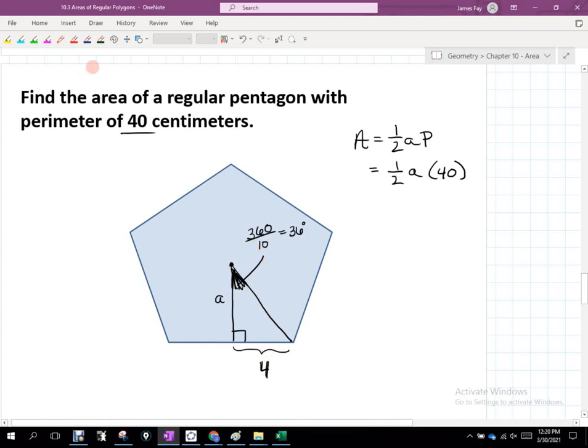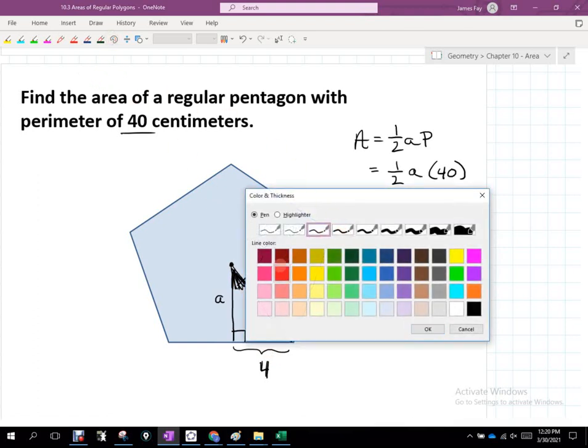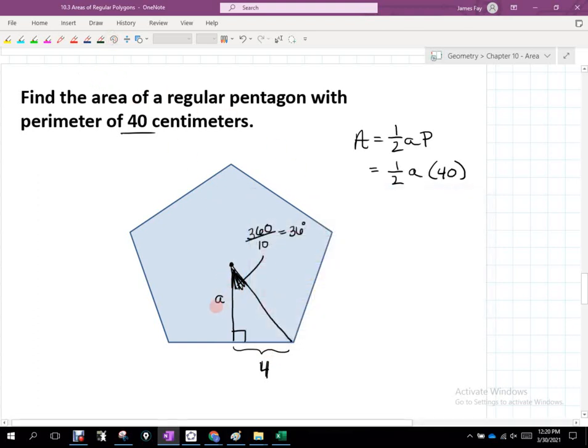What trigonometric ratio are you going to use to find A now, if I use this 36 degrees? I'm going to use SOHCAHTOA, but 4 is what compared to 36? Opposite. And A is adjacent. So should I use tangent?